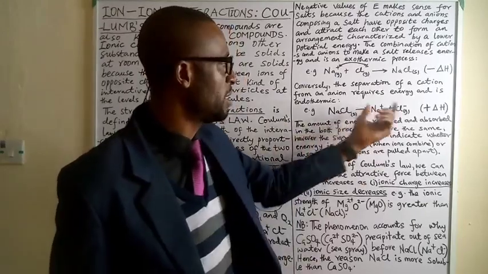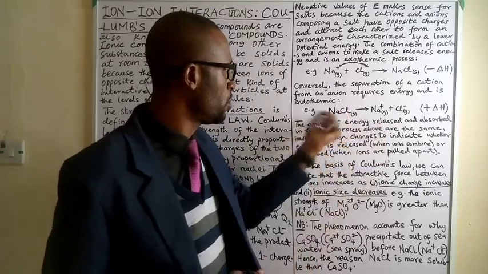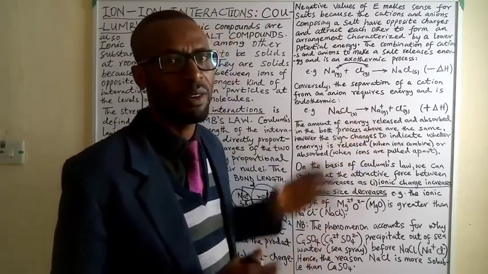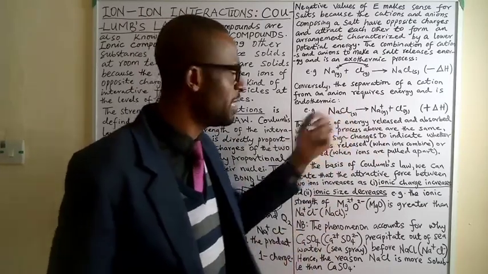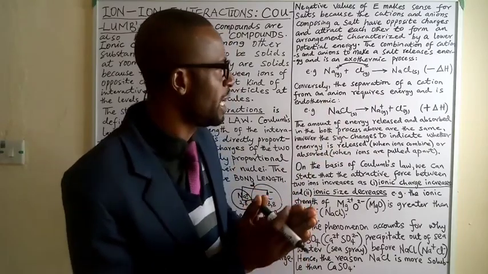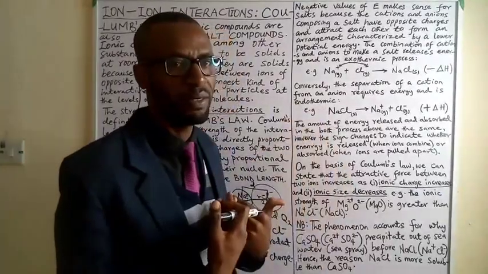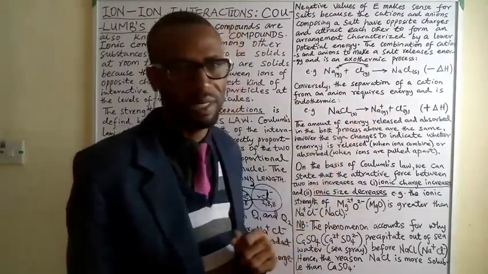To ionize this sodium chloride, to break them apart into their component ions, we require energy. That process, where energy is supplied into a system from the surroundings, is known as an endothermic process.